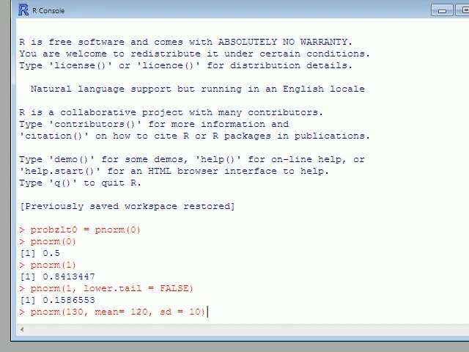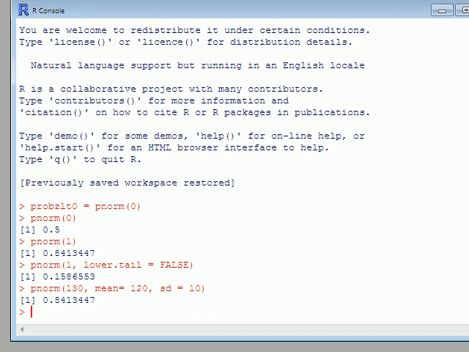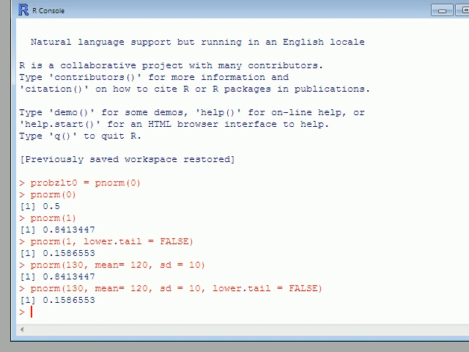In other words, what is the probability that the blood pressure is less than or equal to 1 standard deviation above the mean? That's the same as Z equals 1, and we better see the same value, and we do. And you can do the same thing here. Let's do up arrow, and I'll go in here and put lower dot tail equals false. Okay, so we got the same values.